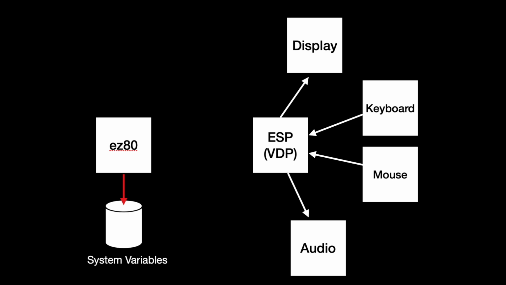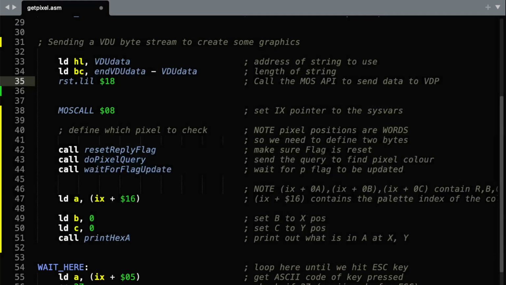Now don't worry, this doesn't actually take very long, but it isn't instantaneous. We can't just get that information immediately. What we need to do is check that the information has come back. So that's why at first we reset the flag so that we know when we look for it, it's changed.